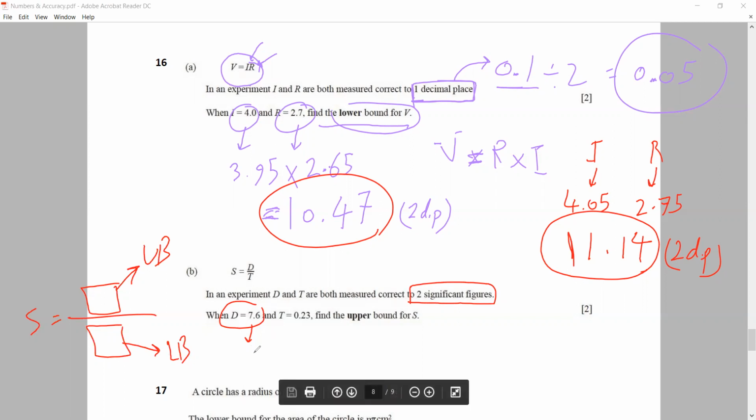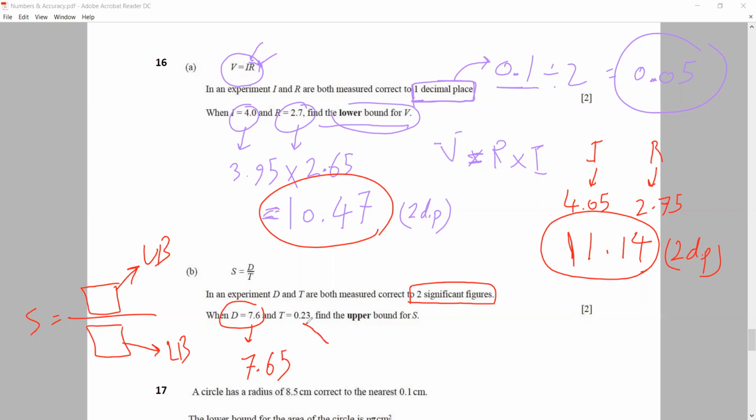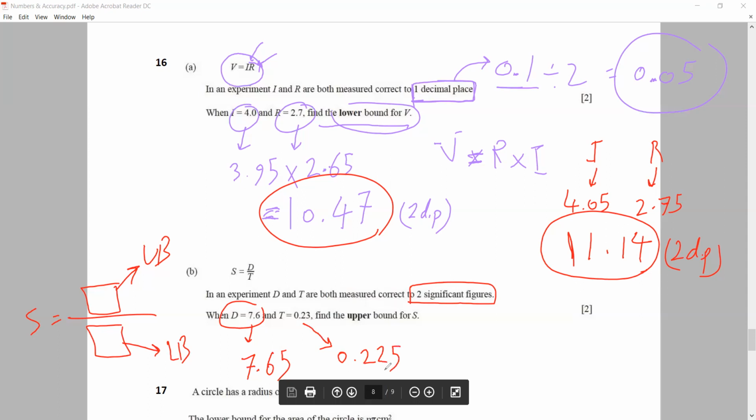So that is 7.65, right? And for this one, the lower bound would be 0.225, right?